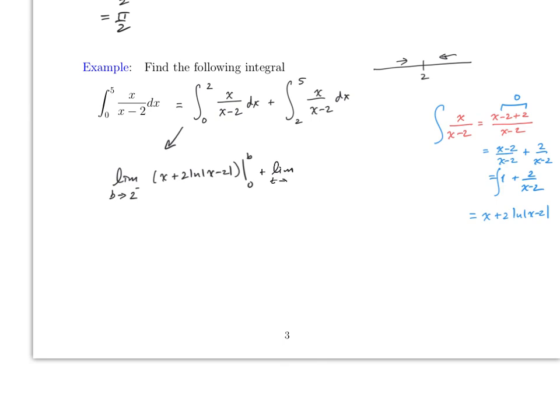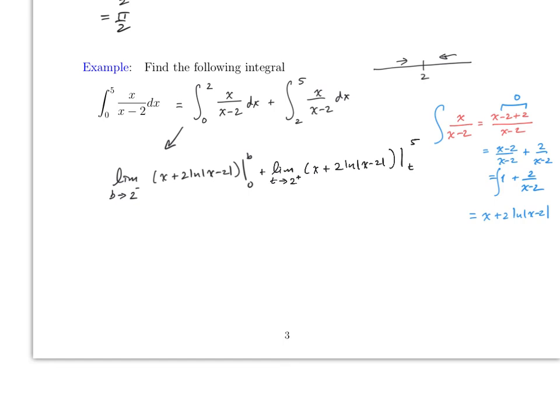Let's say t goes to 2 from the right side. The integral is still the same, it hasn't changed. And this is from t now to 5.